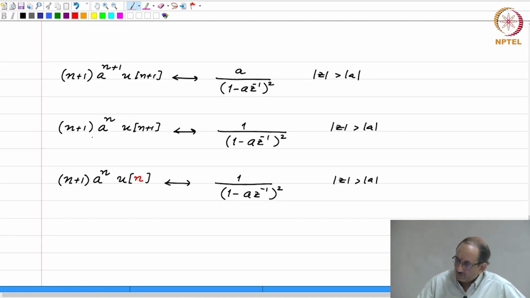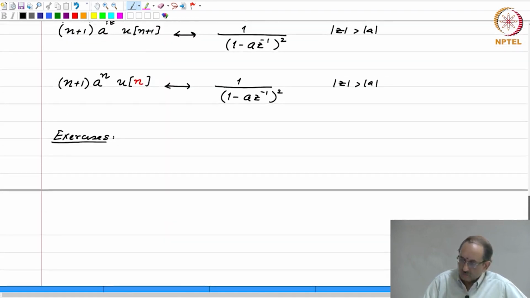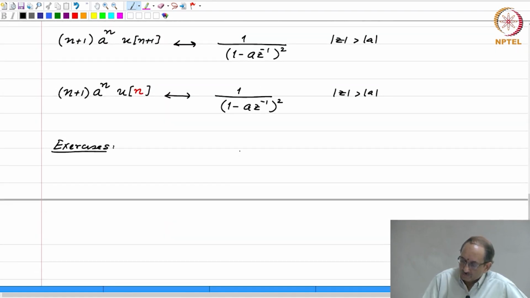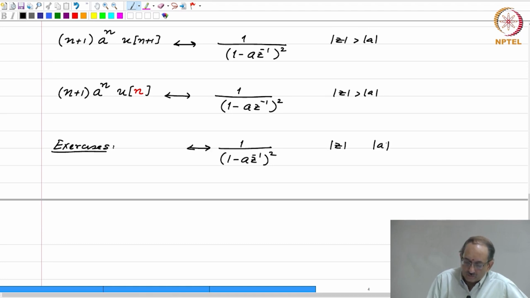As exercises: for 1 by (1 minus a z inverse) whole squared, the region of convergence is now mod z less than mod a.